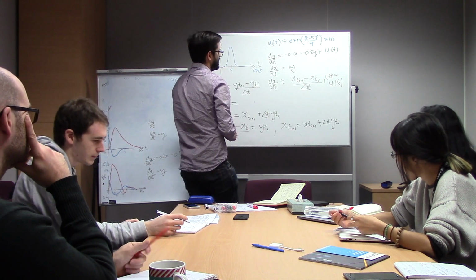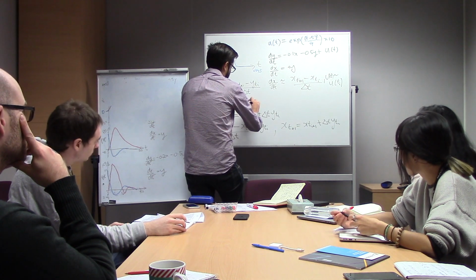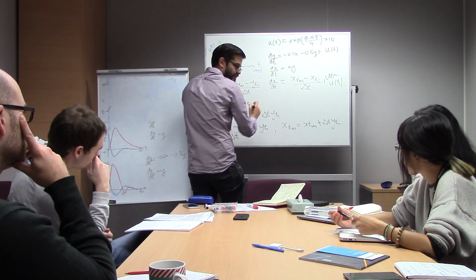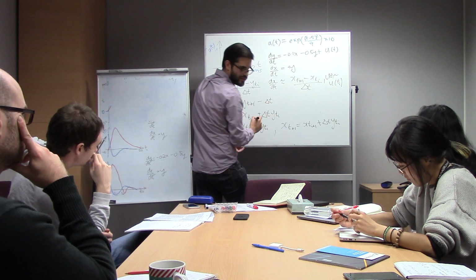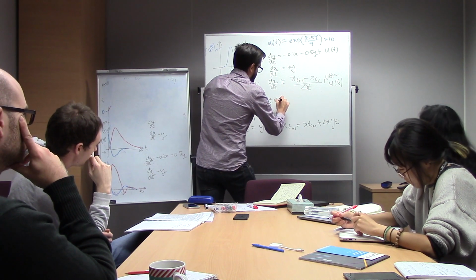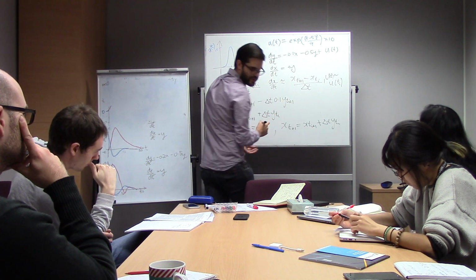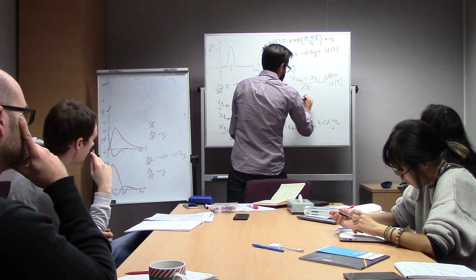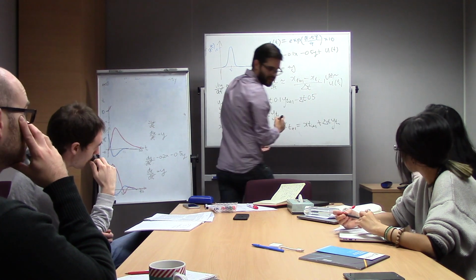This one here equals, I've got it written down in my cheat sheet, y of t_i minus delta t times 0.1 times x of t_i minus delta t times 0.5 y of t_i. So in fact, this is the same as what you did last week.